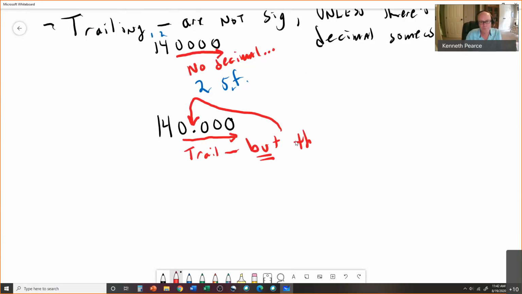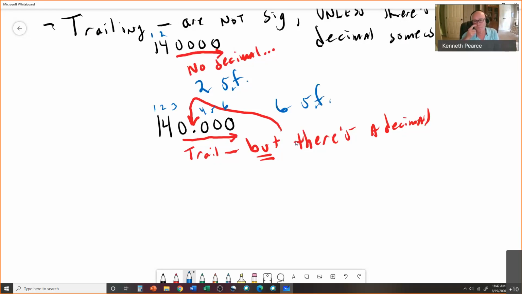There's a decimal there. And so in that case, all the zeros count. So everything counts. They're not significant unless there's a decimal somewhere. And by the way, it does not matter where that decimal is. I deliberately put it in between those second two zeros to just show you that it truly does not matter. And so we go 1, 2, 3, 4, 5, 6, and therefore this is 6 significant figures.